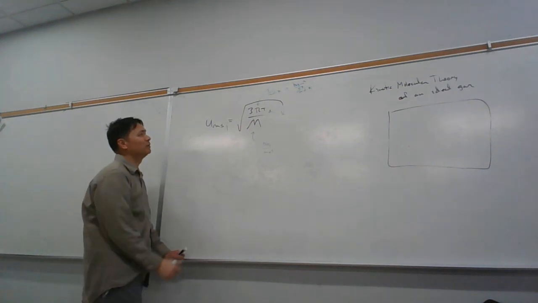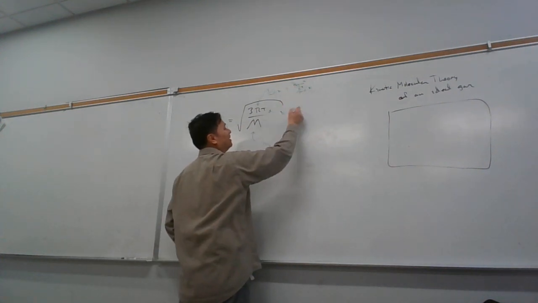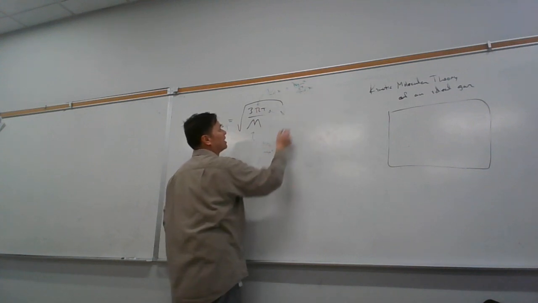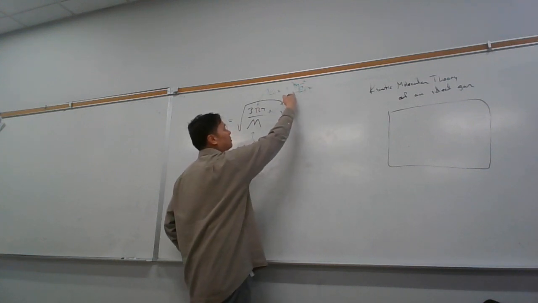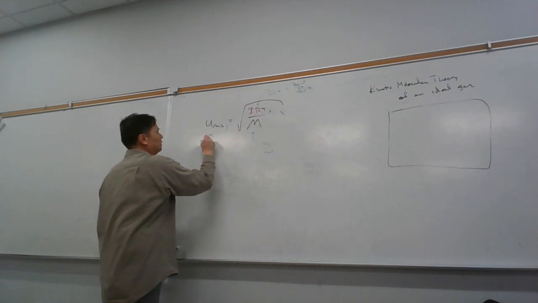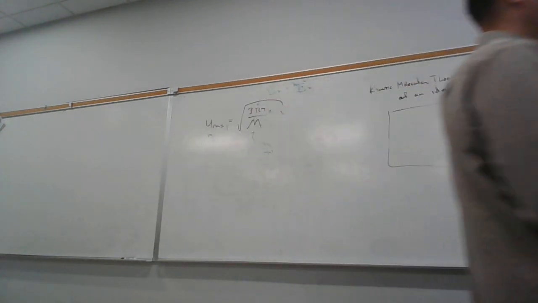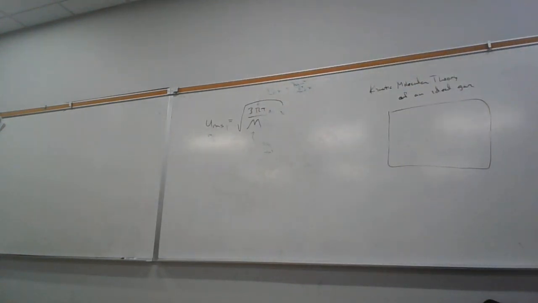And so what we end up with is kilograms cancel, Kelvin cancels, moles cancel, and we're left with meters squared per second squared, and we take the square root of that, and we get units of meters per second for U RMS. We're going to use this R value, 8.3145, if you want it to 5 sig figs.